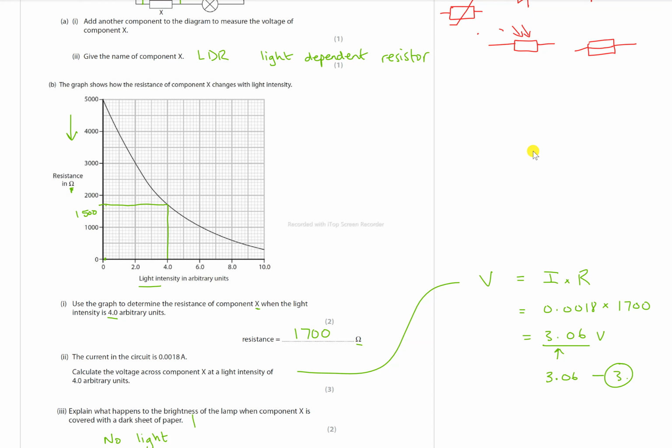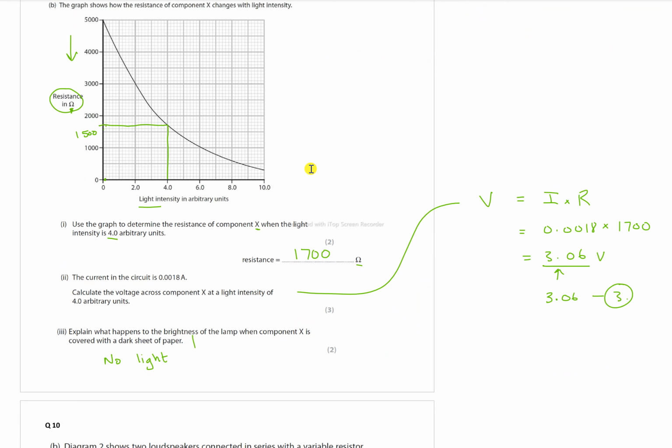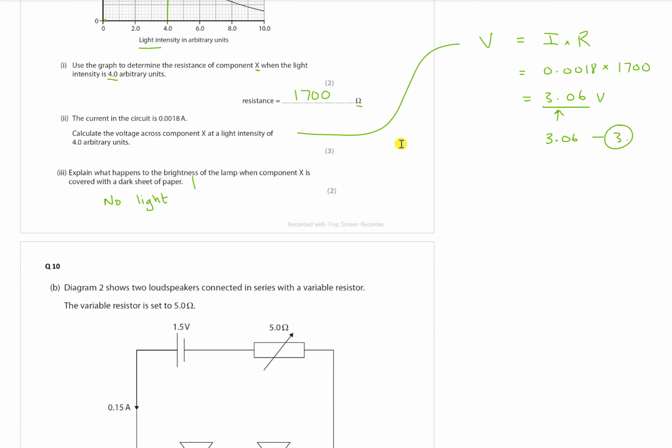Very little, if any, light's getting in, so the resistance will increase. If the resistance increases, the current will drop because the voltage stays the same. So we know resistance increases from the graph, so current decreases.